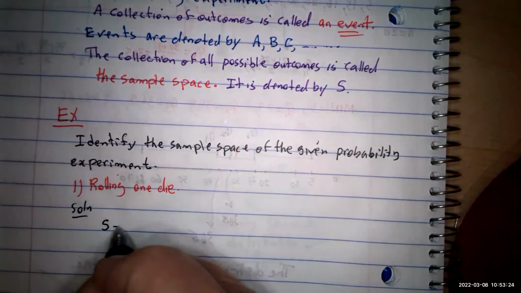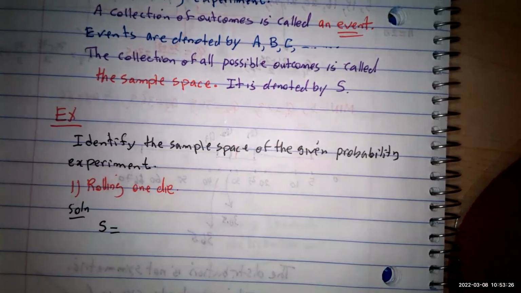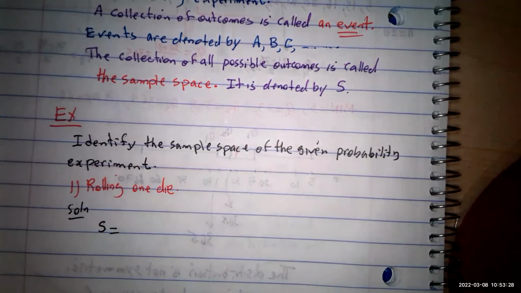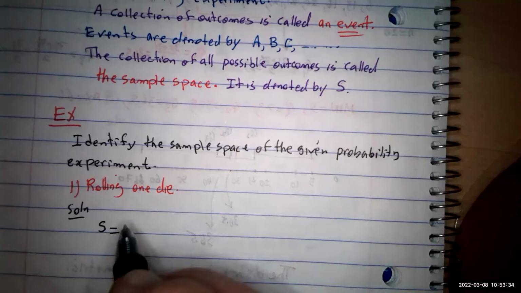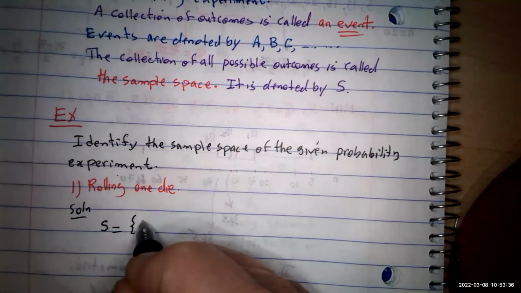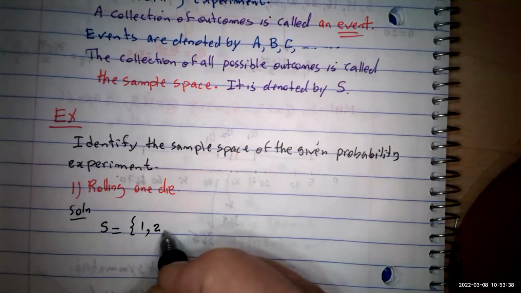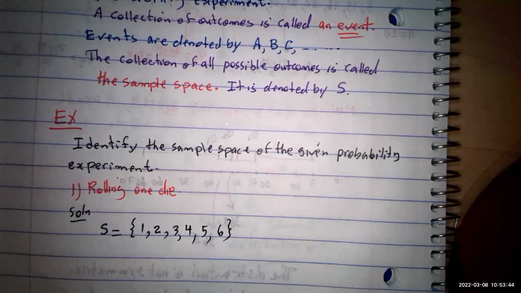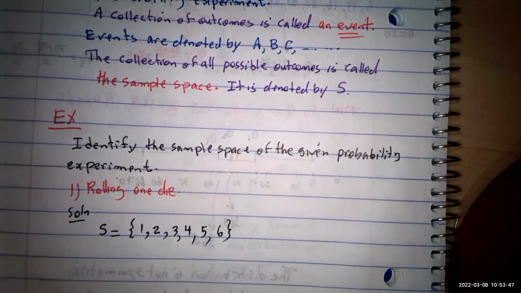You know that the possibilities are: you get one spot, two spots, 1, 2, 3, 4, 5, 6. So this is going to be the sample space for rolling one die. Any question?